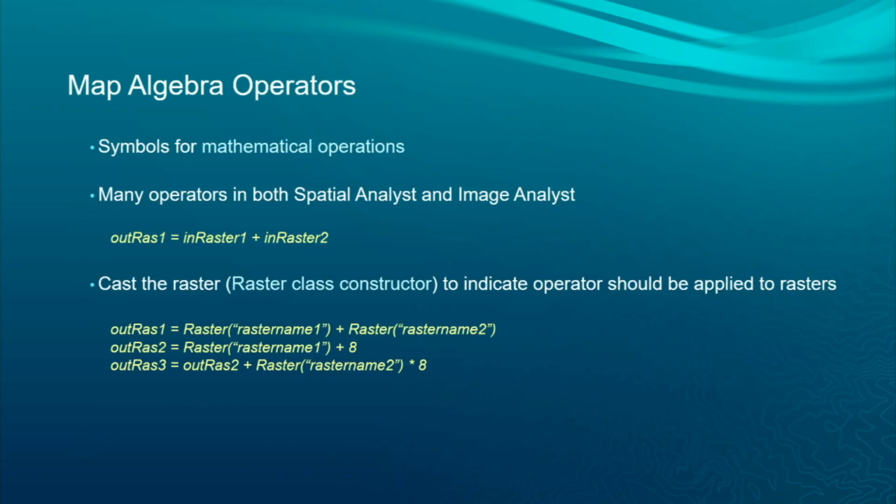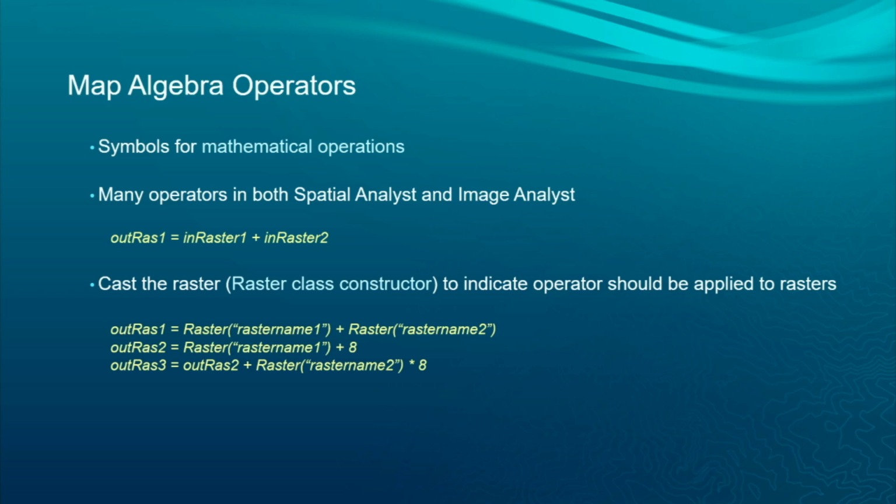Now, you have to pay a little bit more attention to operators. What are these operators? These are symbols for mathematical operations. Many operators are available in both modules, almost everything. And in this expression, we're doing in raster 1 plus in raster 2. What is actually happening here? You are adding these two rasters.